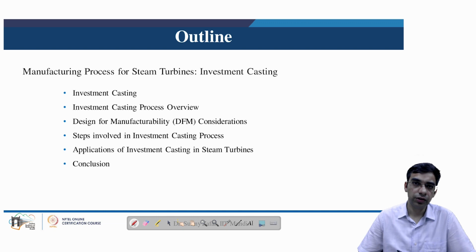And as we have also understood that to improve the efficiency of the steam turbine, the operating temperature as well as the pressure has to increase. And as we are aiming towards ultra supercritical steam turbines, which have the operating efficiency of the order of 60%, it is very essential to understand what materials go into making these turbines.